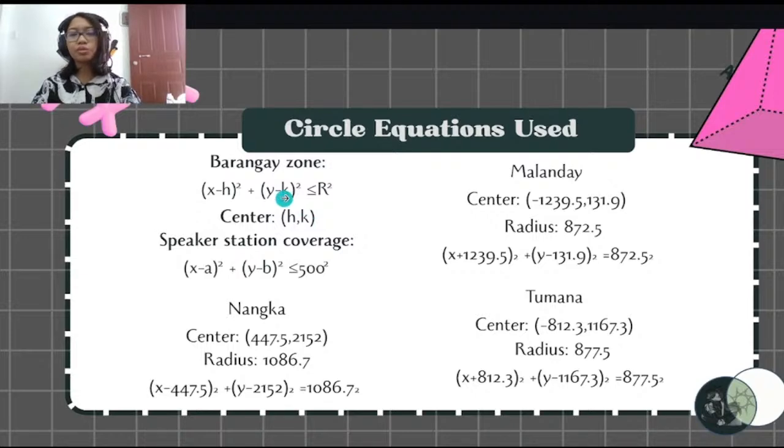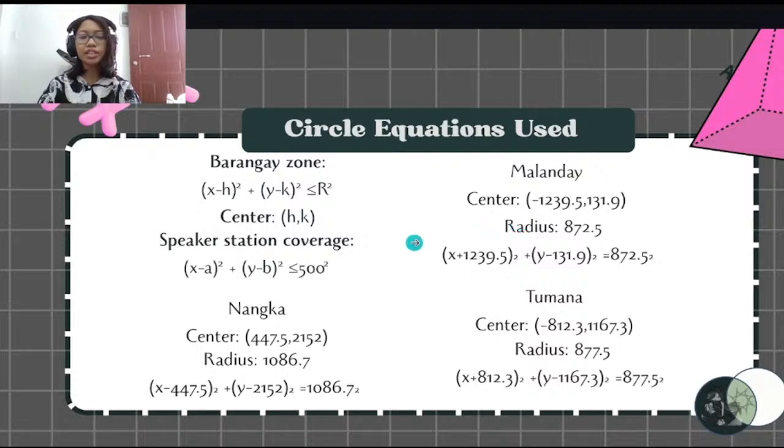For example, Barangay Malanday. The center is negative 1,239.5, 131.9, and the radius is 872.5.